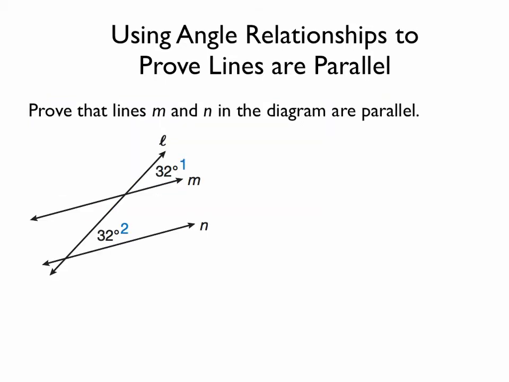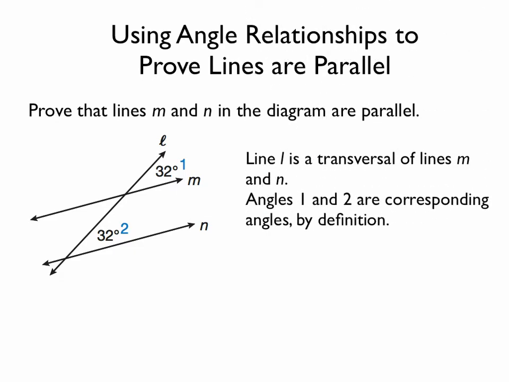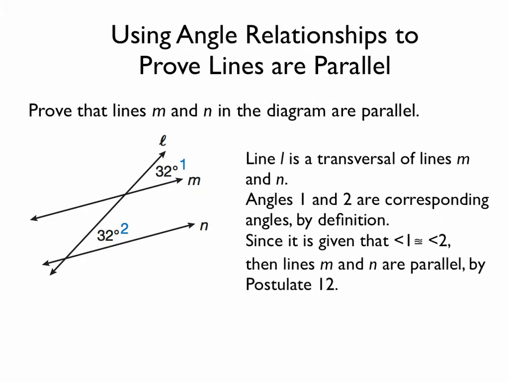So here we have a pair of lines where to prove they're parallel, first, let's note that line L is the transversal, that angles 1 and 2 by definition are called corresponding angles. We can see in the diagram they're congruent. Therefore, by the converse of the corresponding angles postulate, we know that lines M and N are parallel.